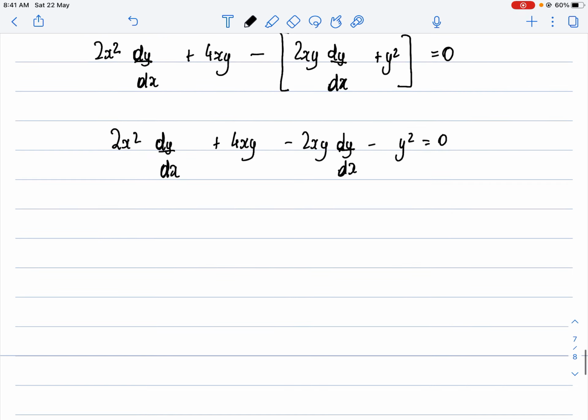Now what I basically need to do is keep 2x square dy by dx minus 2xy dy by dx here, which is equal to simply y square minus 4xy.